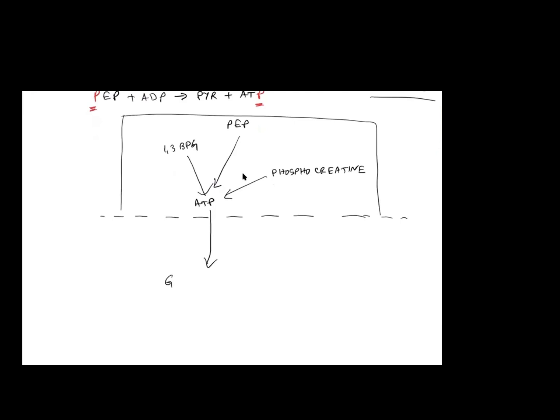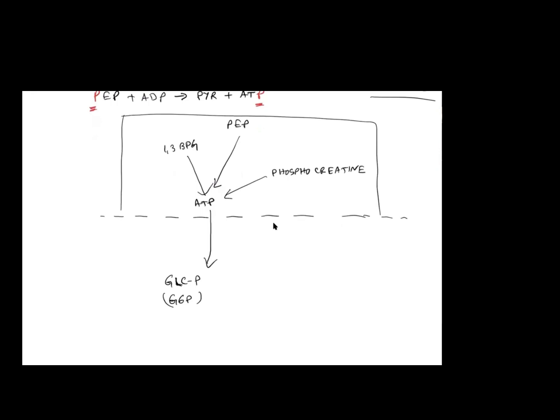So if you have glucose, we get G6P, glucose 6-phosphate. So glucose is going to accept that PI from ATP. Also glycerol can accept that PI to make glycerol phosphate, but generally glucose 6-phosphate is what we'll look at a lot throughout the semester.